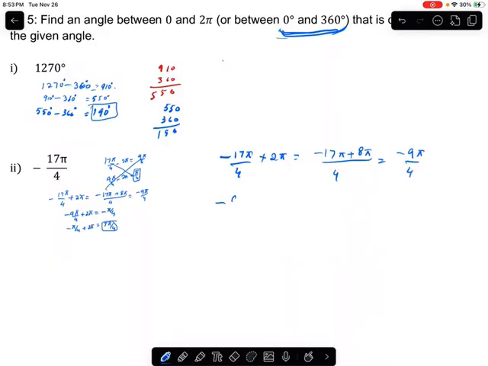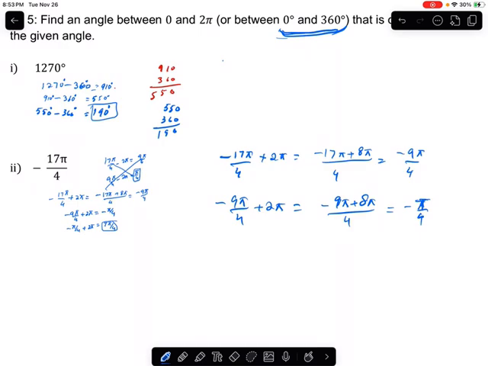Okay, so we take negative 9 pi over 4 and add 2 pi to it. We end up getting negative 9 pi plus 8 pi over 4, which gives me negative pi over 4.